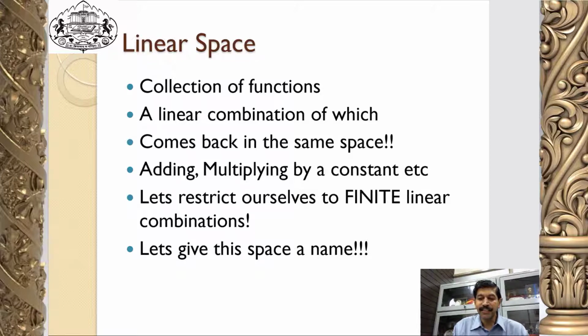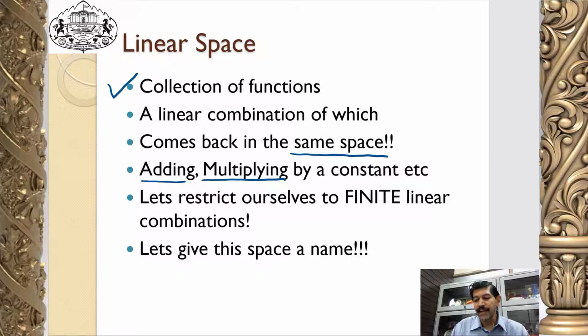A linear space is a collection of functions, and any linear combination essentially ensures that the representation still remains in the same space. Such a space is what is known as a linear space. And being linear, we can use any linear operation on any function which is projected in that space, like adding, for example, or multiplying by a constant.